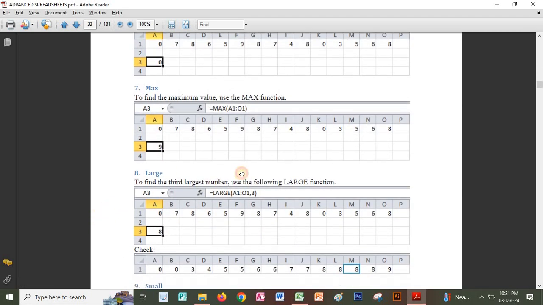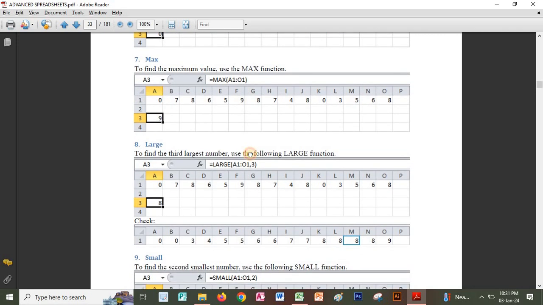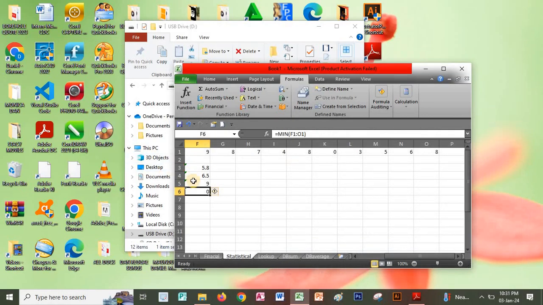The range is like the range. Let's see, max was 8. Let's see range.